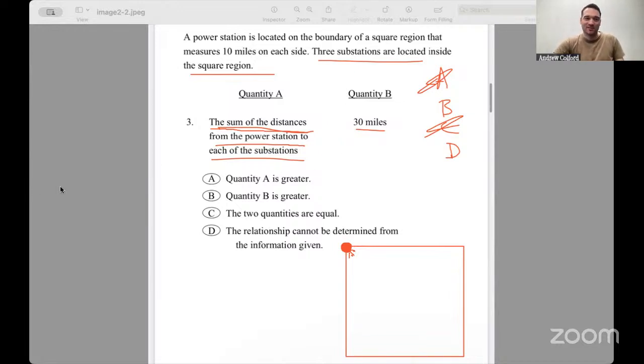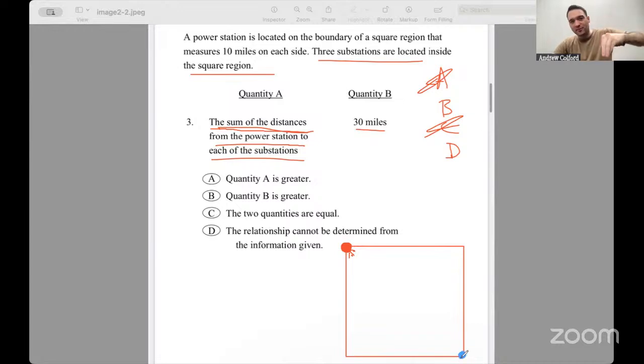And I'll color code this. I want to try to get the substations as far away from the main station as possible. And that would be, call it, right up to that point, right? And for the sake of rounding, let's just make it all the way across, like a millimeter inside the boundary.